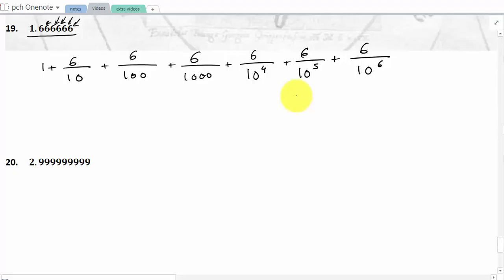So how do we write this using a sigma notation? Well, it's going to be the sum from, I'm going to use i here, i equals, okay, we'll see how to write that. So you see right here, it's a bit challenging. I would like to write 6 times 10 to the power of i, right? But the problem with this is that I don't get this 1 plus right here. This 1 could possibly be a power 0, but 6 is not inside the power.